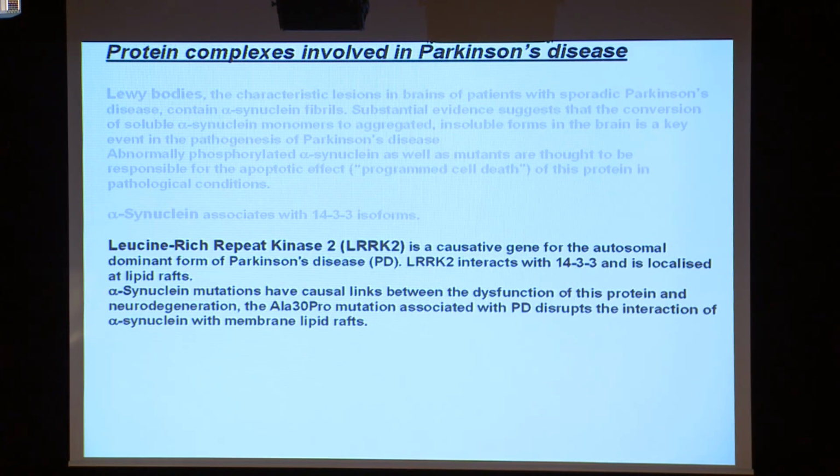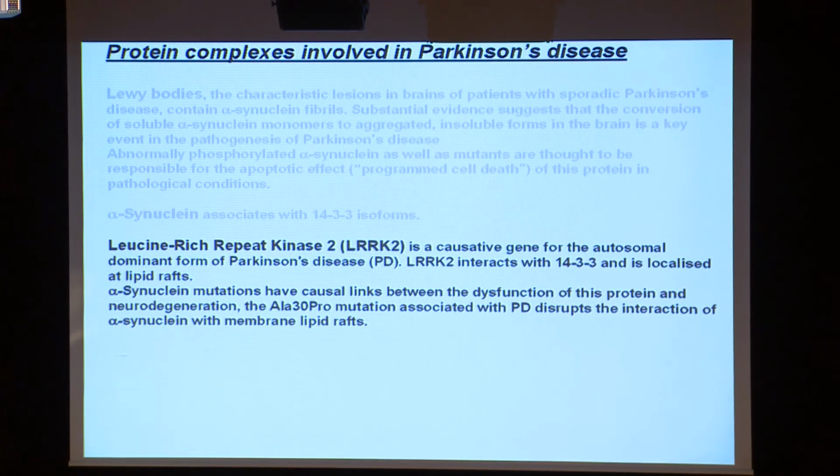There's a protein kinase called leucine-rich repeat kinase, LRRK2, which is the gene for an autosomal dominant form of Parkinson's disease. That interacts with 14-3-3 and is associated at particular areas of the plasma membrane called lipid rafts.